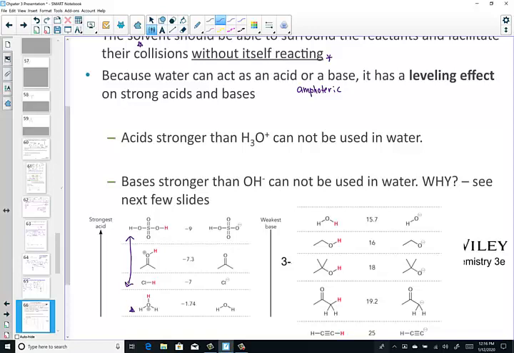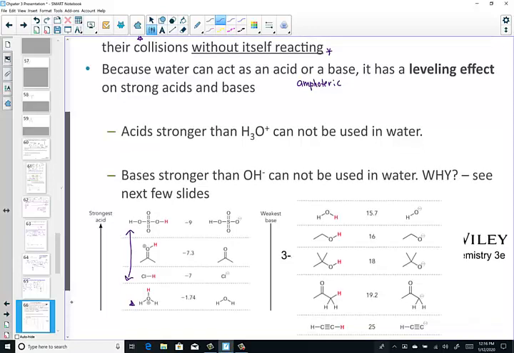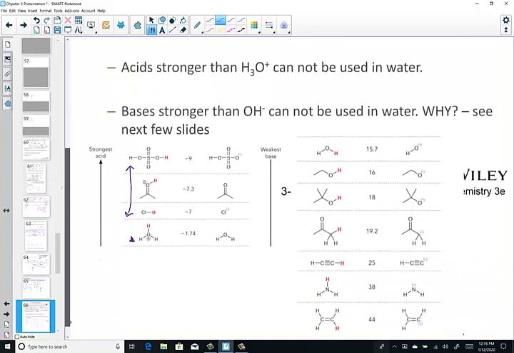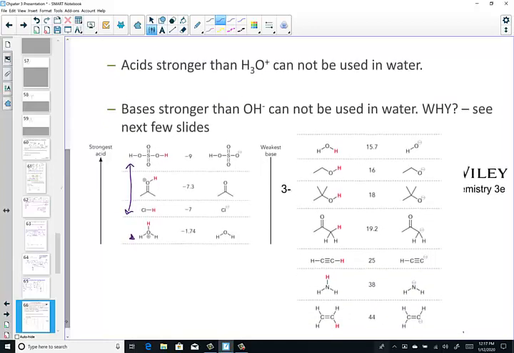Bases that are stronger than hydroxide, so let's find hydroxide on our pKa chart. Here's hydroxide, for example, and these are the base side. And bases actually increase in strength as you go down. Anything below this is a stronger base. A base stronger than hydroxide cannot be used in a water medium for the solvent.